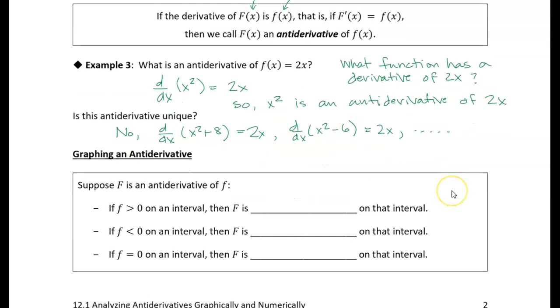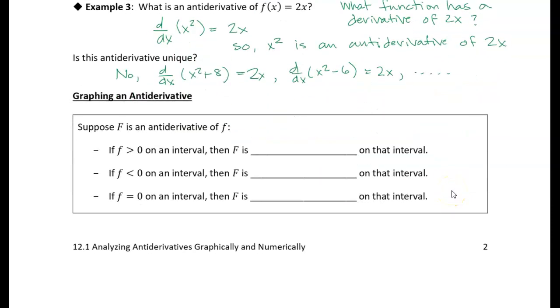All right, so if we're given information about a function and we want to graph the antiderivative, we just need to keep in mind that this capital F is an antiderivative of lowercase f. So what does that mean? That means that F prime is equal to f. So this is our derivative, and this is the original function.